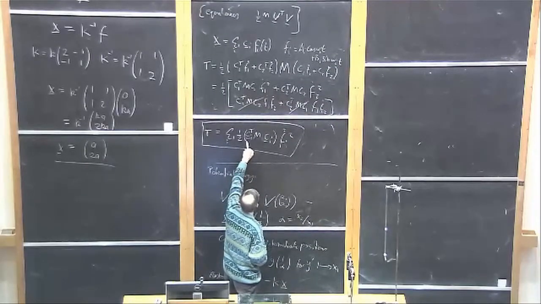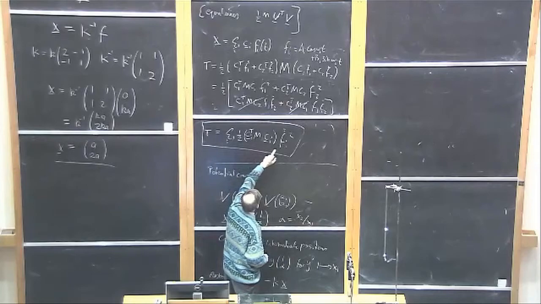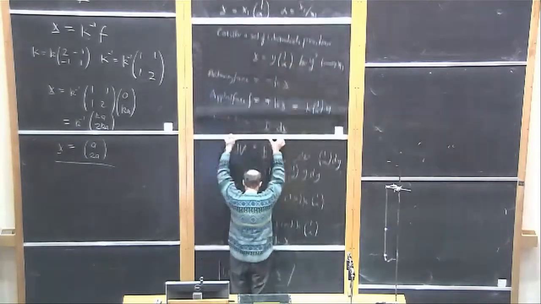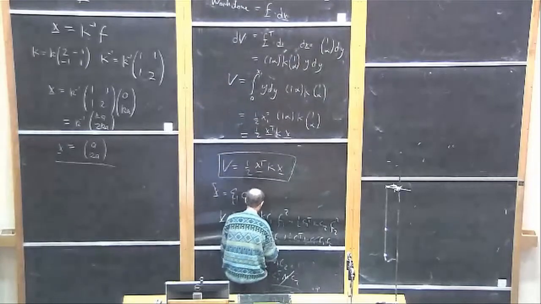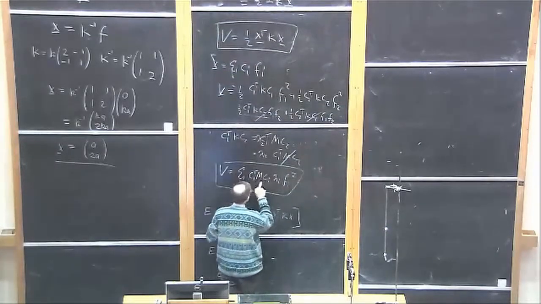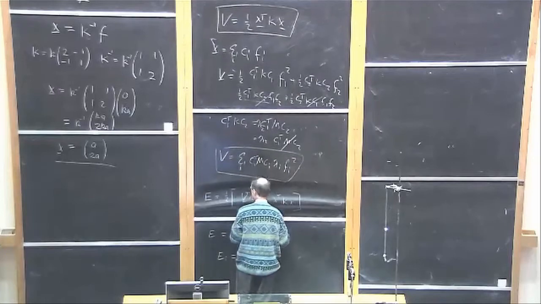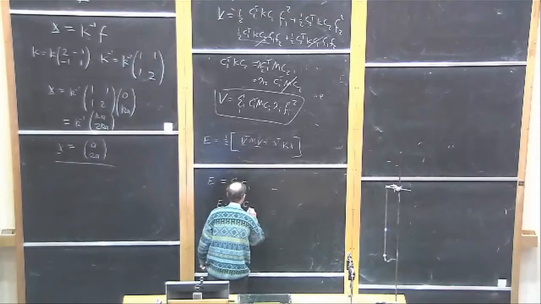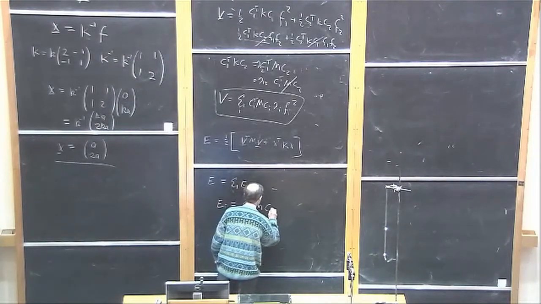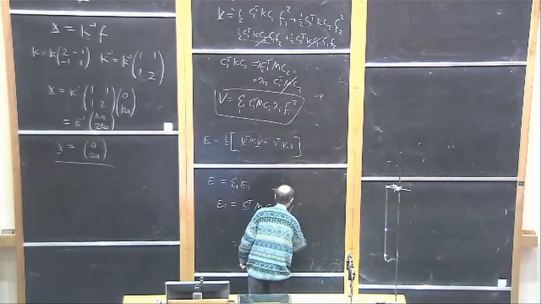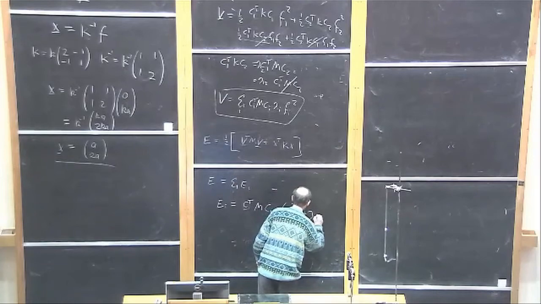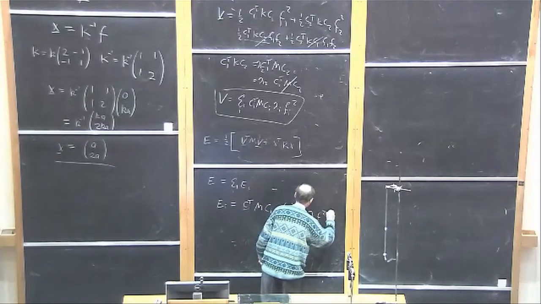So this one involves Ci transpose MCI multiplied by Fi dot squared. And this one involves Ci transpose MCI times lambda F squared. So it's very simple. EI is Ci transpose MCI times F dot squared plus lambda F squared.